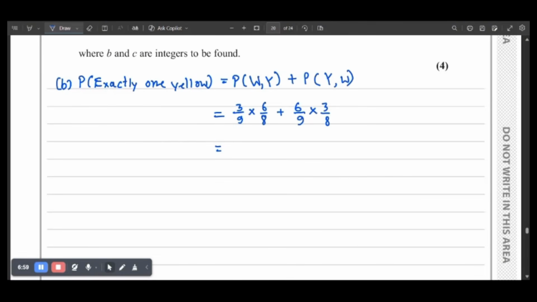This will be equal to half, and this is our answer.